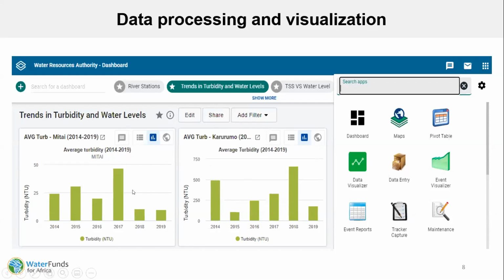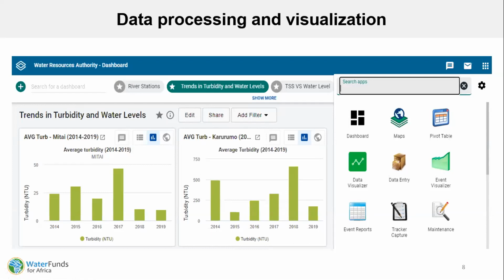And so the project manager will look at when we started implementing the activities in 2016 and probably reach a conclusion that yes, we have a declining trend in turbidity. And then looking at the other one, there is an increase in turbidity in the same catchment. So what is the decision sought?